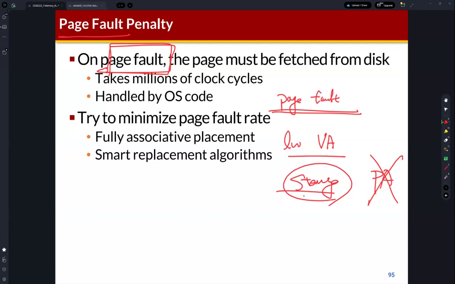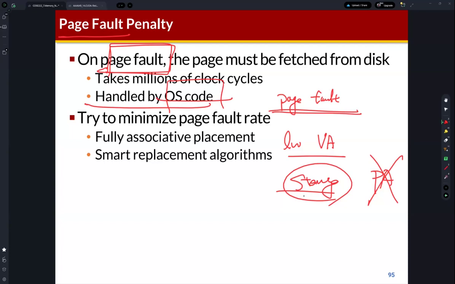Software manages the data accesses to storage. It's very, very slow, so it's handled by operating system code. I mentioned that the page fault is a kind of exception, so it's handled by software.